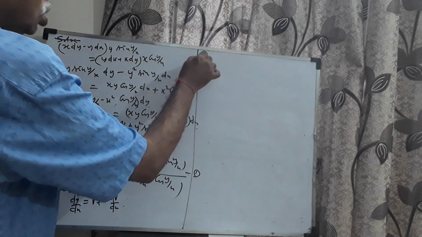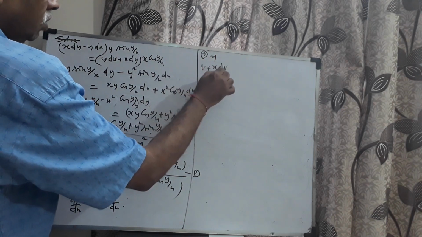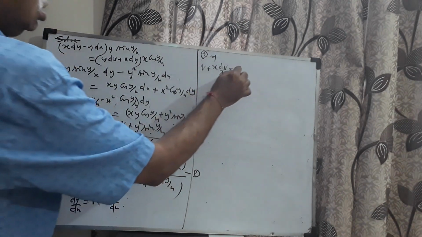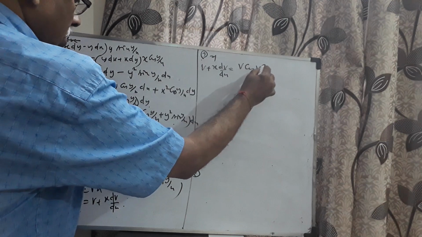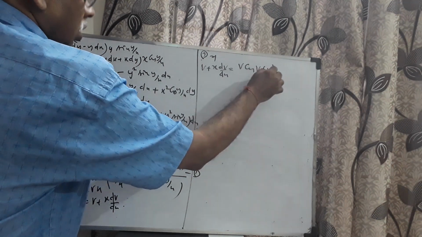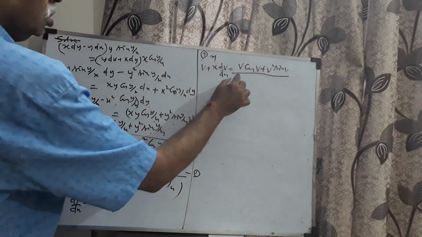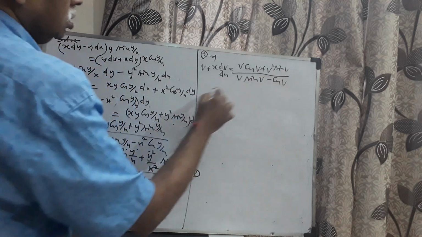Therefore, my 1 will automatically become v plus x dv by dx, which happens to be (v cos v plus v square sin v) divided by (v sin v minus cos v).